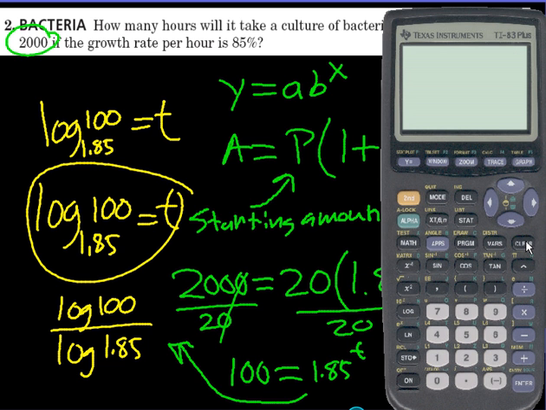Log 100, close, divide, log 1.85. Take a look before you hit enter. Looks good. Make sure it makes sense. A little hard to know with numbers like this, it's not something we're used to. But 7.48. Okay, so it's going to take more than 7 hours. It will be the 8th hour, 7.48.